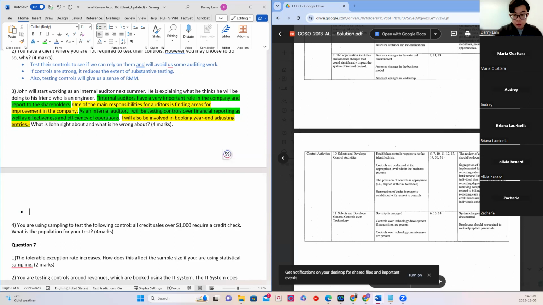Yeah, good. Lee mentioned that internal auditors report to shareholders, but to the BOD, well, it's more to management, right? Then they report.